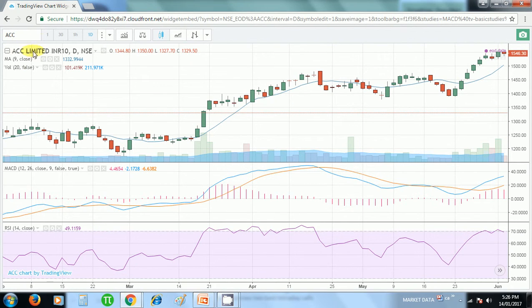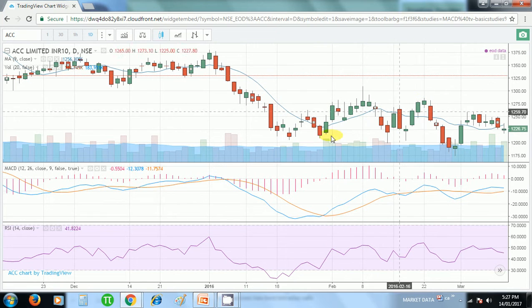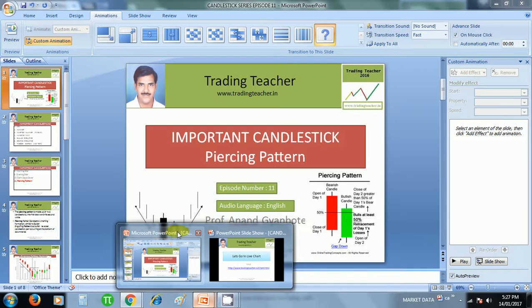This is the ACC one-day chart, so each candle represents one day, and we have to find a bottom. The trend should be down, and then the piercing pattern. This pattern here was a bullish engulfing, not a piercing pattern. Okay, we got one here. This is the piercing pattern that I showed in the slide.